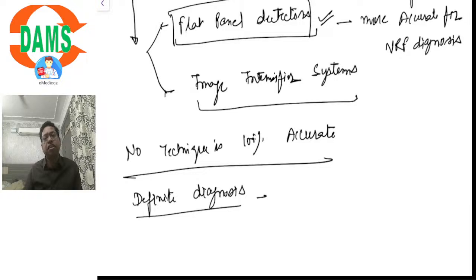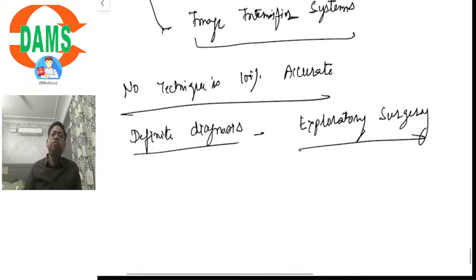If we have to establish whether this tooth has a VRF or not, the definite diagnosis would be exploratory surgery. We have to perform surgery to expose the root and examine it under a microscope.